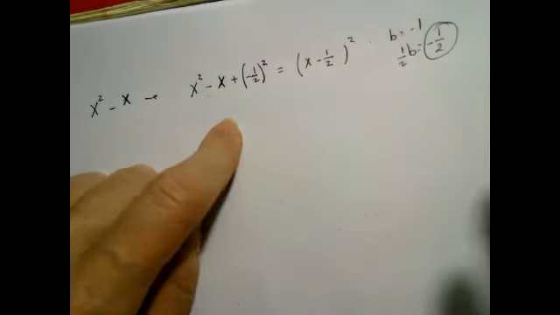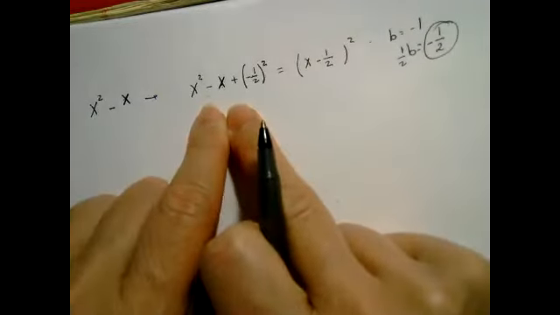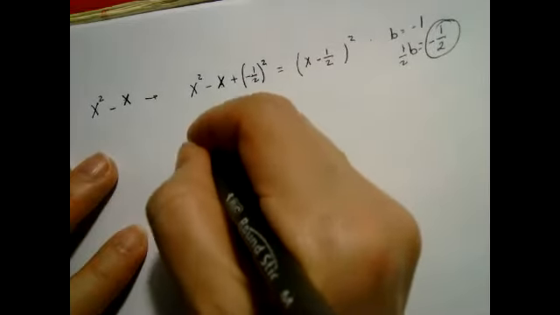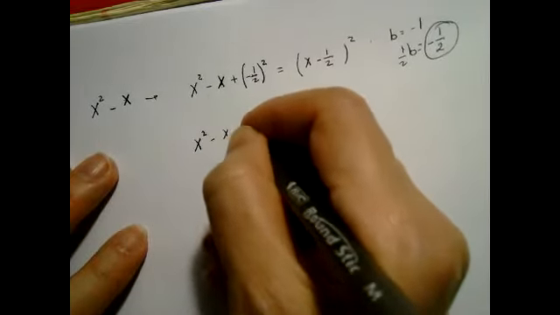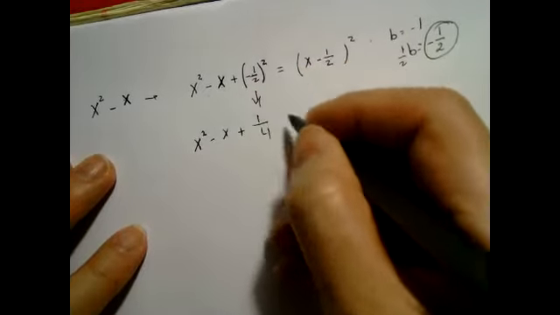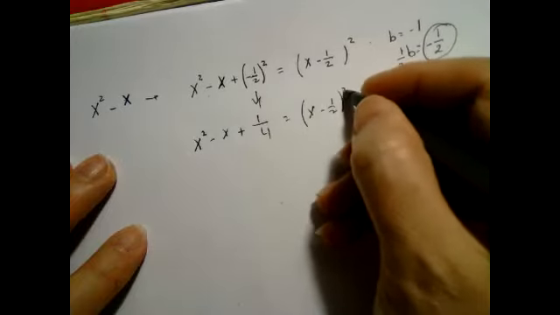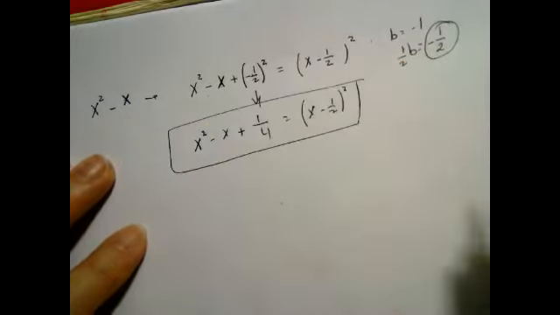If you take x minus a half squared and you actually multiply it out, you're going to get, honest to goodness, this expression. So in other words, what I should add is minus a half squared, which is 1/4. That's the term I should add. And this would give me x minus a half squared.